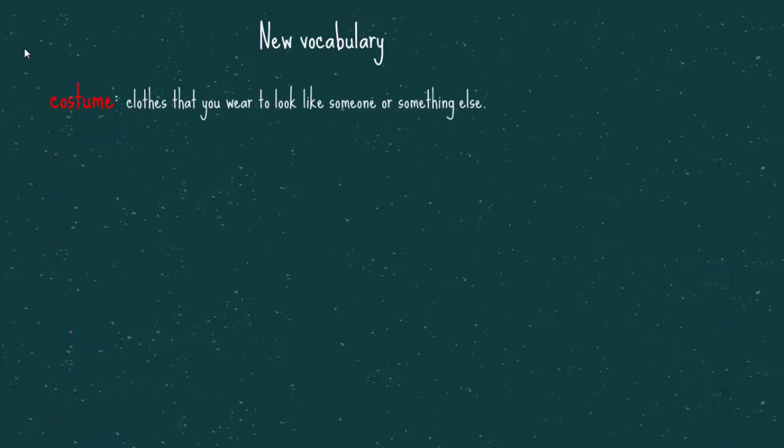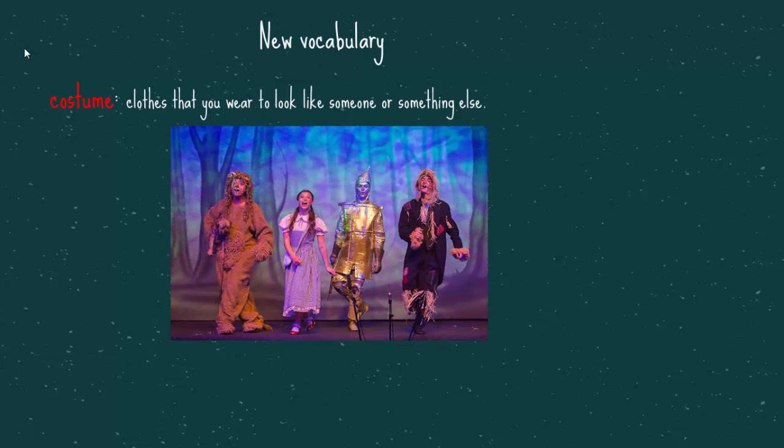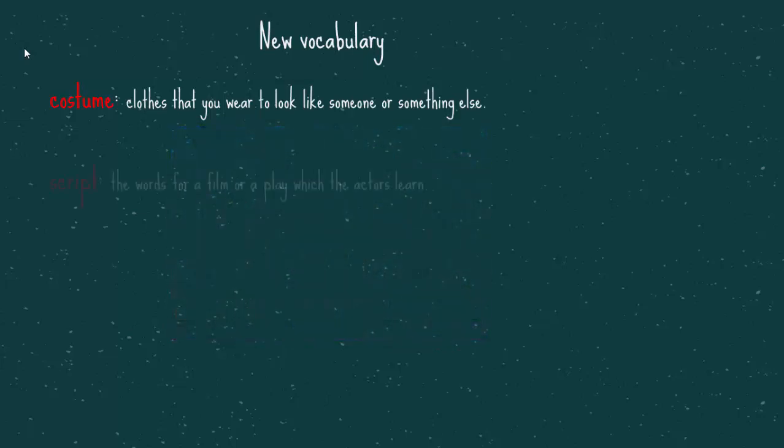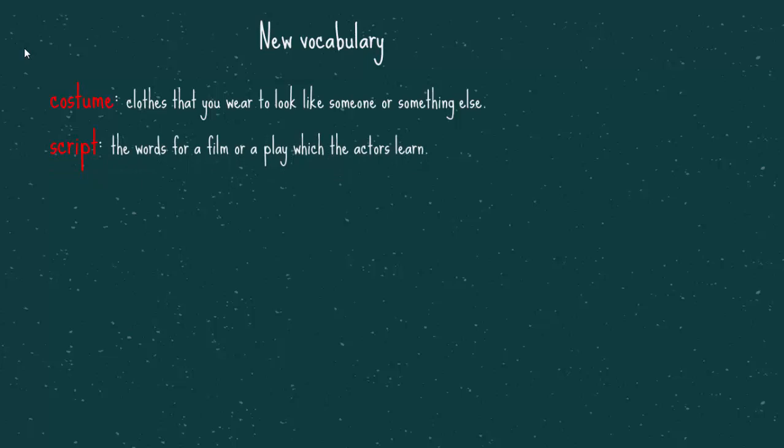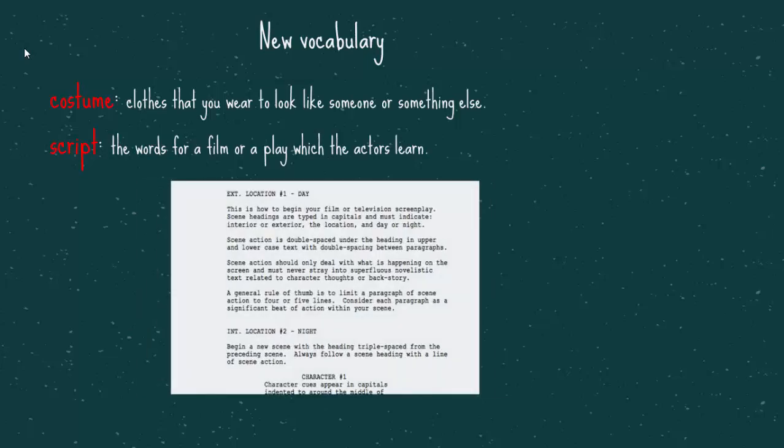Costume. Clothes that you wear to look like someone or something else. And here is a picture. Script. It's the words for a film or a play which the actors learn. And here is a picture.